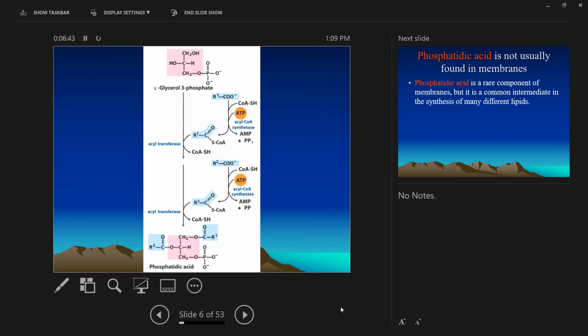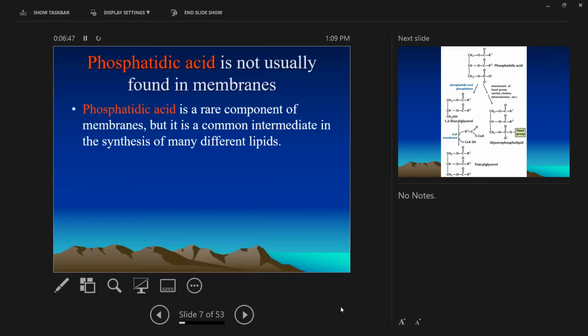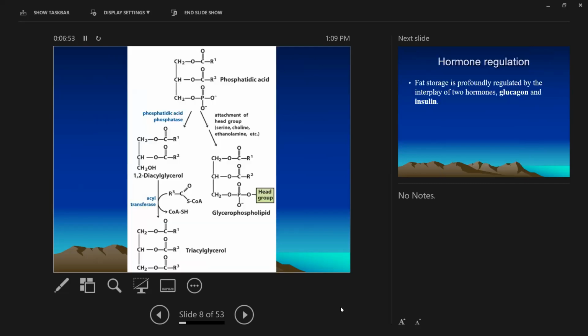Phosphatidic acid is most commonly seen as an intermediate in your lipid synthesis. The phosphatidic acid is a branch point. So if you take this phosphate off, that's phosphatidic acid phosphatase, you make diacylglycerol.